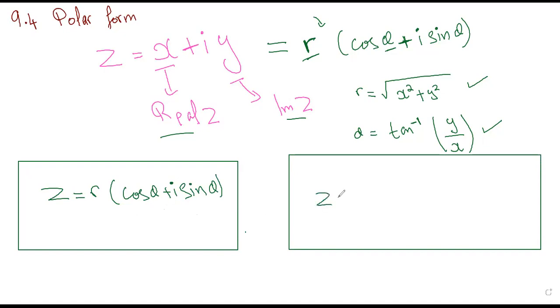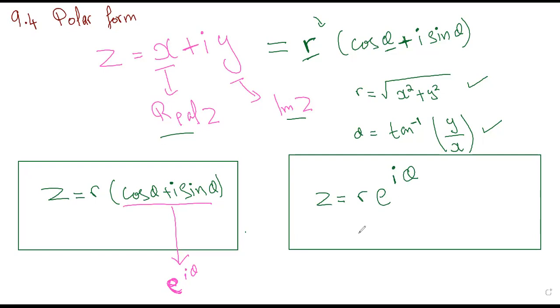And the exponential form is basically Z equals r e to the iota theta. That's it. Because you can write this as e to the iota theta. There's a proper proof for that, which is not included in the syllabus. But yes, since you can write cos theta plus iota sine theta as e to the iota theta, this basically means that you can write it as z equals r into e to the iota theta.